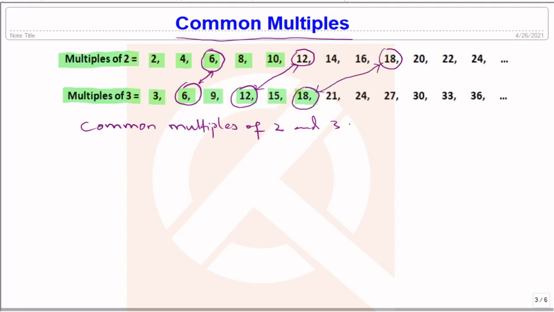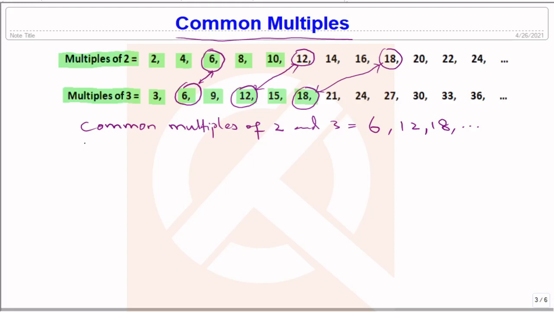So we can say that the common multiples of 2 and 3 are 6, 12, 18, and there must be many of them. Because the numbers go on infinitely, there must be infinite common multiples.